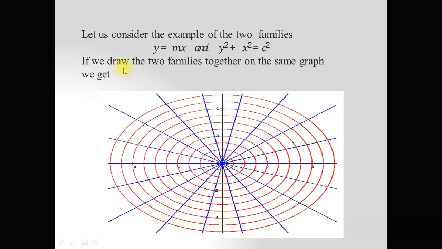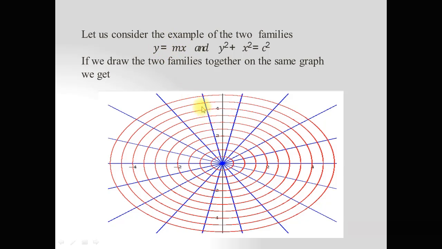Now if we draw the two families together on the same graph, we obtain, since this is a family of lines, so these are lines, the blue colors are lines, and this is the family of curves, so these are the curves. Red colors represent the curves, and these blue lines represent the family of lines through this equation.